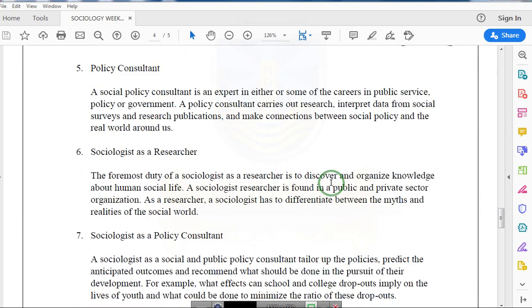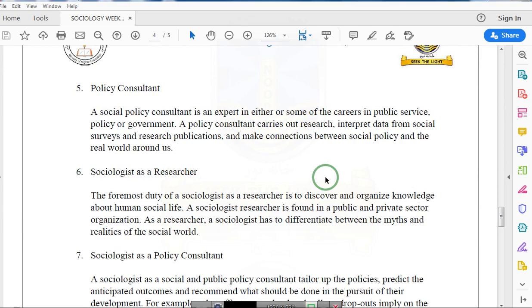Now, if you are going to learn sociology and earn a major degree, what are you likely to be? Before we proceed with three major careers, policy consultant, or more particularly, a social policy consultant, is an expert in some of the careers in public service, policy, or government.